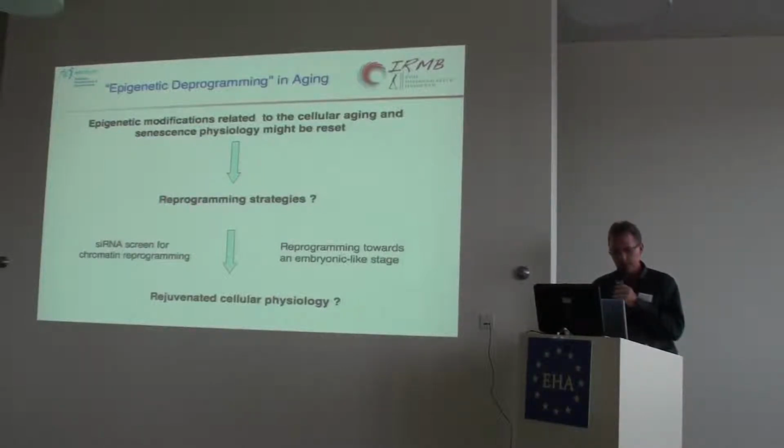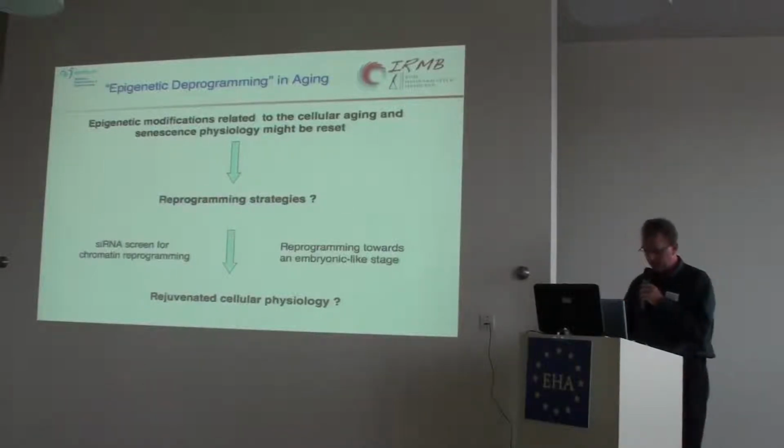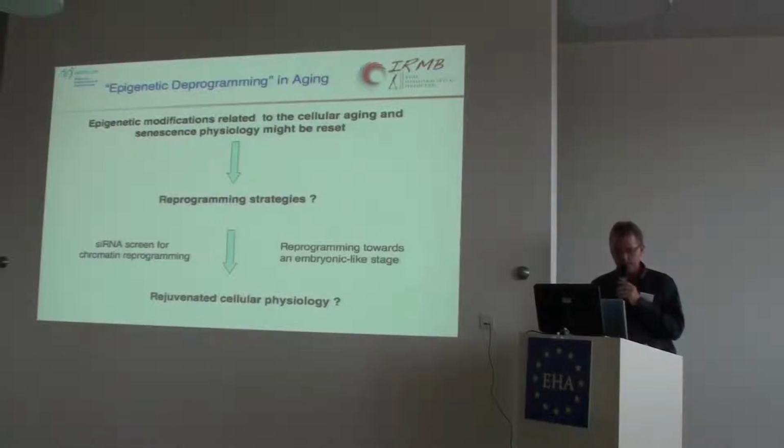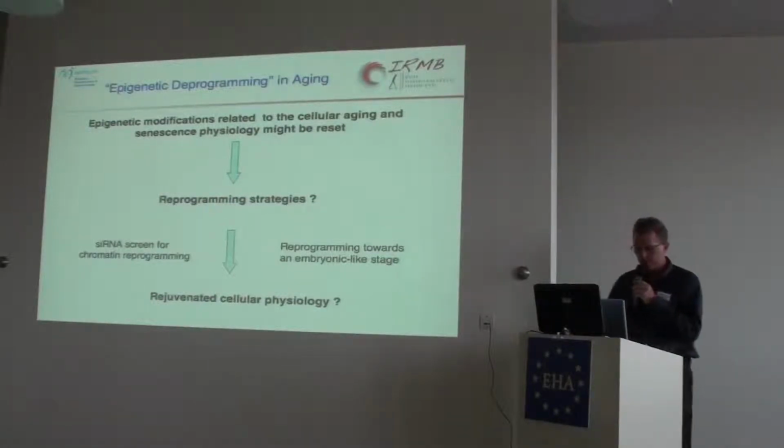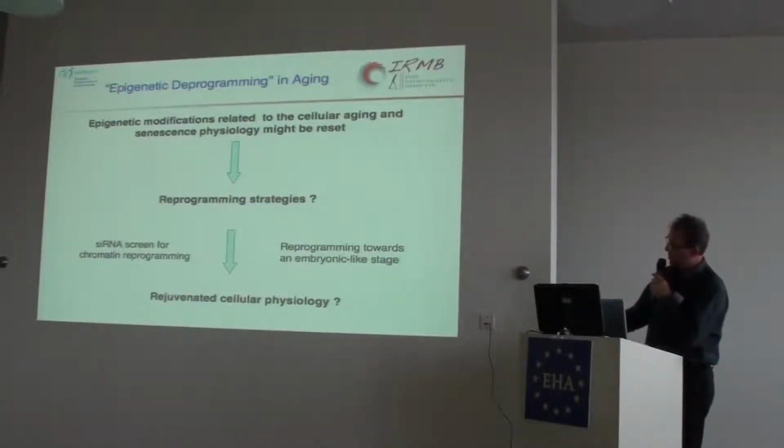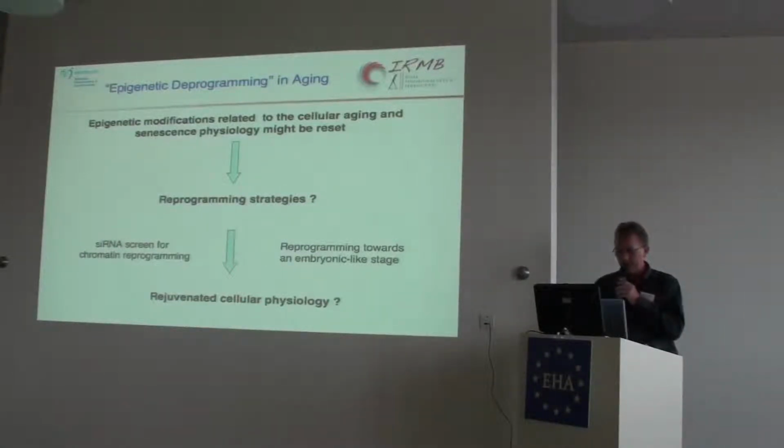First, we tried to find some gene targets involved in chromatin modulation by siRNA screen for chromatin reprogramming, and also another aspect which has been already presented, which is reprogramming toward pluripotency.